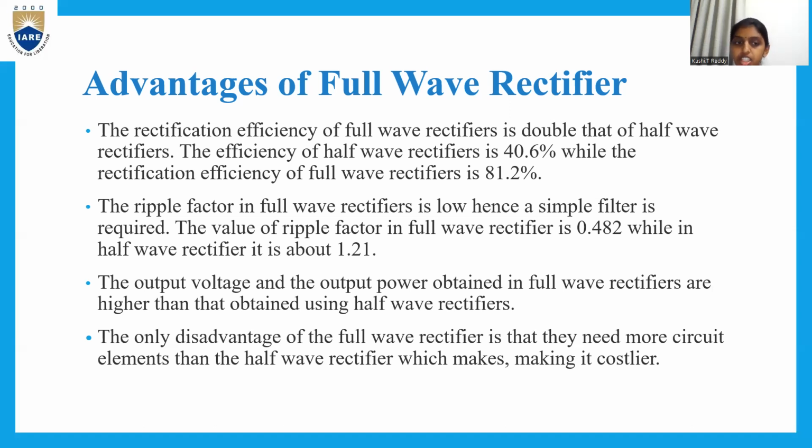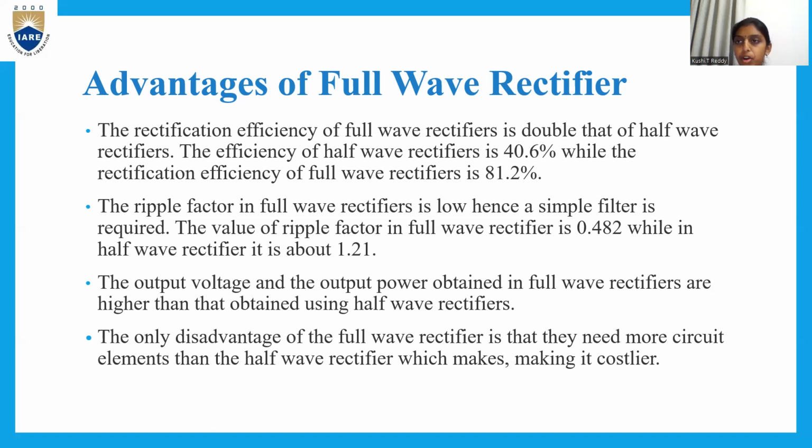So there is a large difference. And coming to the output voltage also, in half wave rectifiers, the output voltage is very less because you're only going to consider the positive half cycles. And in full wave rectifiers, it is quite good and high because you're going to consider both positive half cycles and negative half cycles. But the only disadvantage of full wave rectifiers is that you need more elements in the circuit. So this makes the circuits a bit costlier.